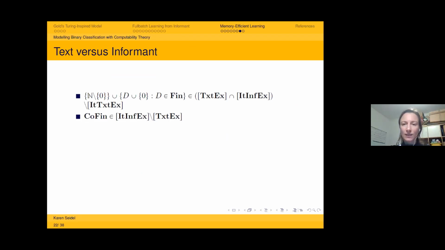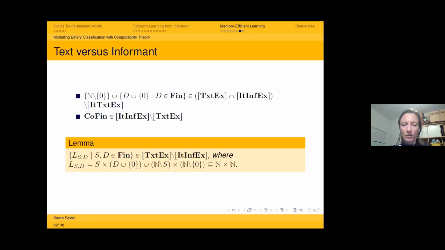It can be learned iteratively from informant, but it cannot be learned iteratively from text. And also the co-finite sets that we saw earlier are interesting because they can be learned iteratively from informant, but not from text.